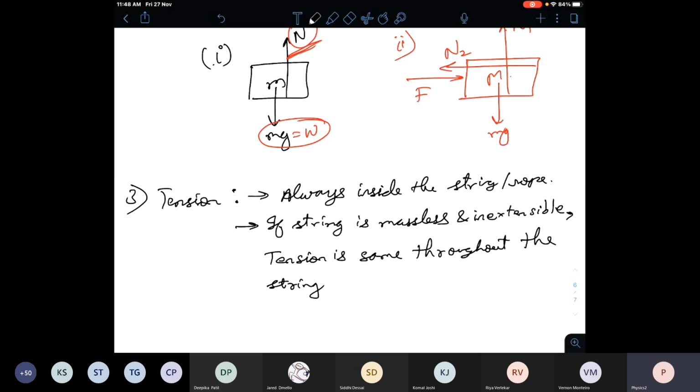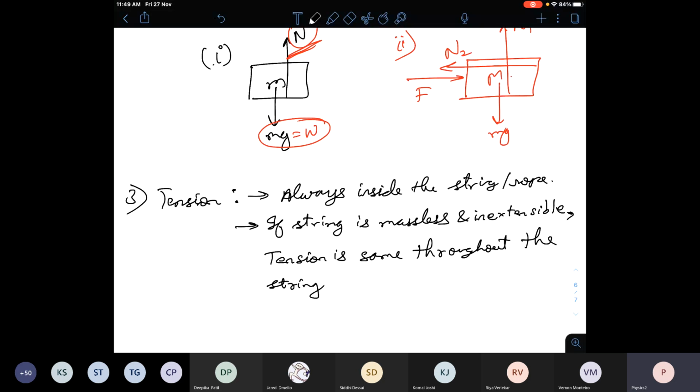Massless means that the mass is very less, negligible compared to other masses. Suppose there is a block of 10 kg and you are hanging it by a rope of mass 0.01 gram. That mass of the string is very, very less compared to 10 kg, so such a string will be called a massless string. For us, massless means there is no mass. Khatam. If the string is ideal, the string is massless, that means the mass of the string is 0. That's it.